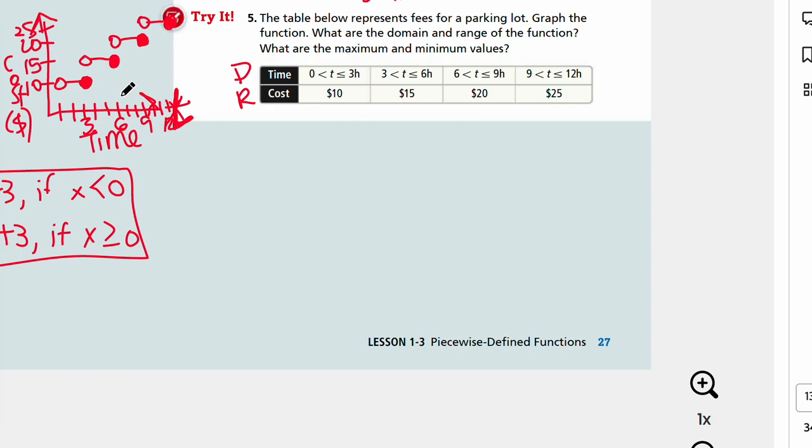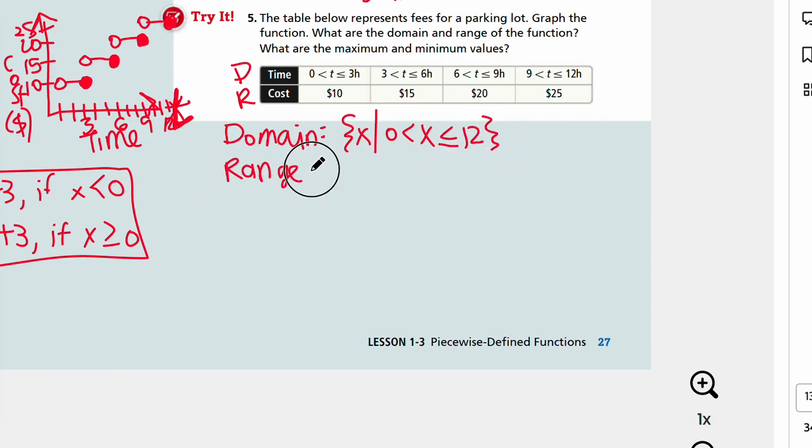What are the domain and range? Domain is when x is greater than 0 and less than or equal to 12. Easy. But range, again, be careful not to write the inequality, because for range, you only have a certain amount of values.